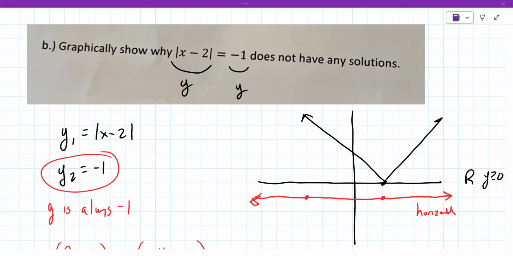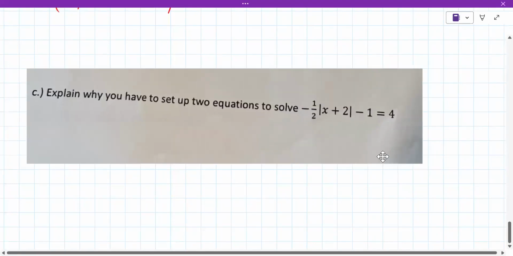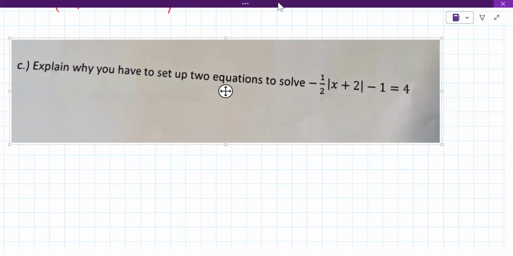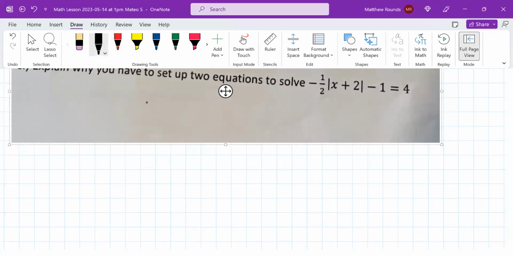All right, so let's look at number C here. Ignore the words for a moment. Let's just go about looking at how to solve something like this.